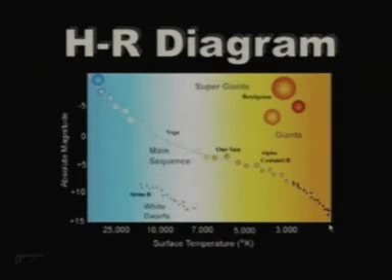Here you have a group on the top right hand side. These are giants and supergiant stars, very large in size, which is why they're called supergiants. And we also have a line running from the top left to bottom right. This is called the main sequence. Most of the stars you will find lie on this main sequence.